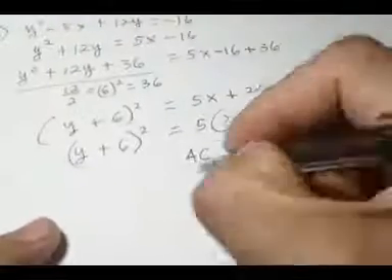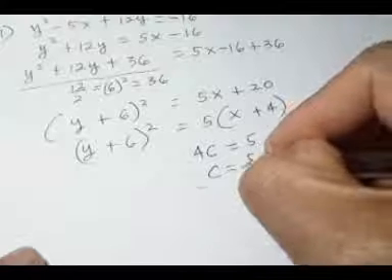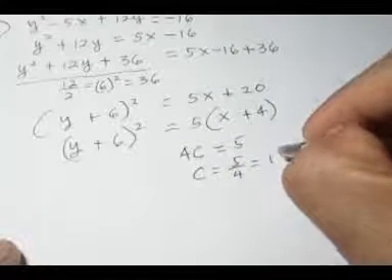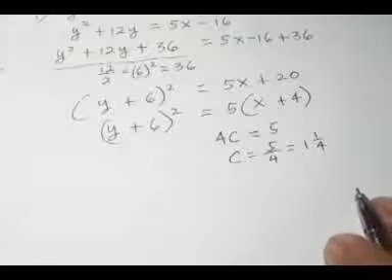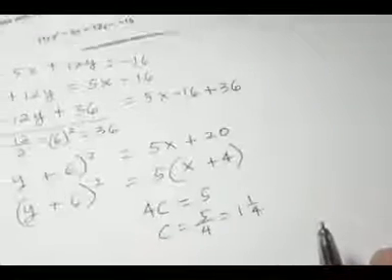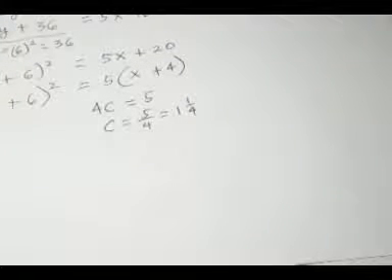So solving for c, c is equal to 5 over 4, or 1 and 1/4. Okay, after that we can plot or sketch the graph of the parabola.